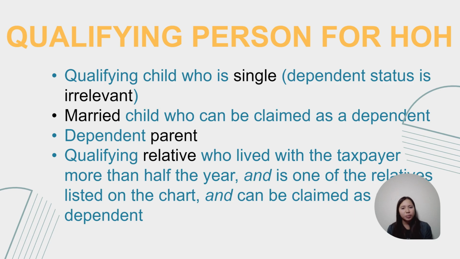So, in order to be a qualifying person for the head of household status, the qualifying relative living with you has to have lived with the taxpayer for more than half the year and has to be blood related or related to the taxpayer in some way. Meaning that even if you could claim a friend who lived with you all year as a qualified dependent on the return, you cannot take the head of household status if it's the same friend living with you. You'd only be able to take the head of household status if it was, say, your mother as your qualifying relative. They'd have to be related to you.